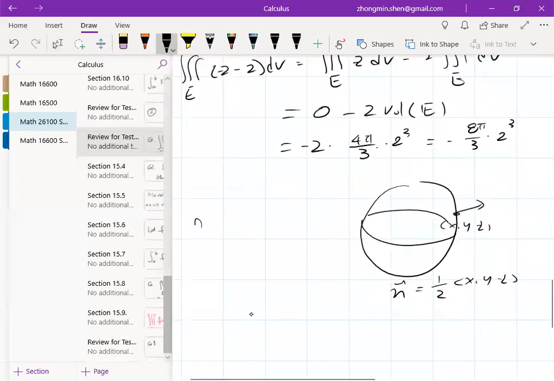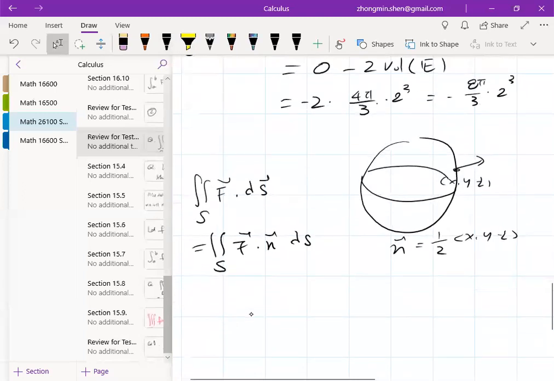The surface integral of this is going to be the dot product, right? Sometimes you're lucky, the dot product is very nice, and then you can simplify it. Let's see, where's my problem? I want to copy it.